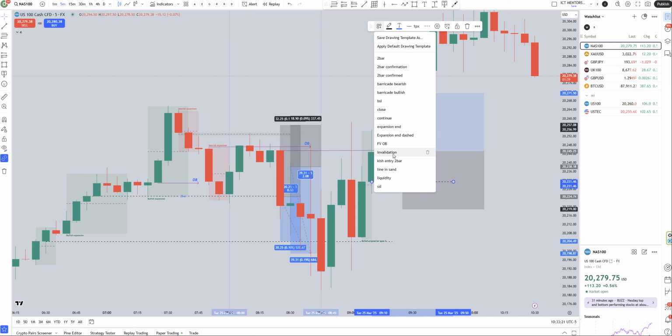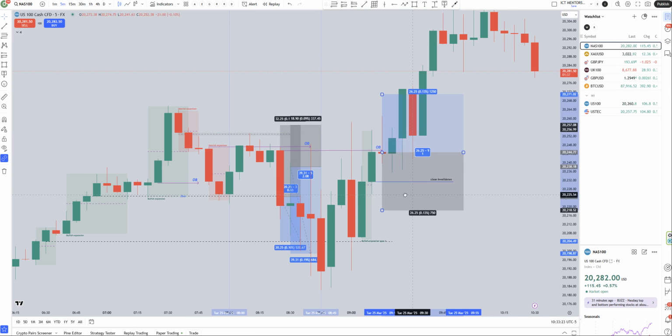So invalidation. And then I was like, all right, buy. Of course, I set the stop loss, so that would be a 2-bar confirmation. So I put it down with little, and I was like, all right, we are closing here, and for 20 points, so I'll just put it up like 20 minimum on this.